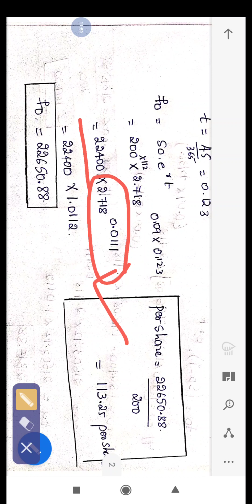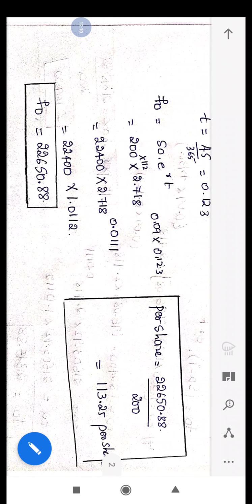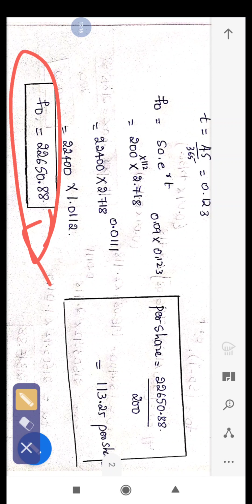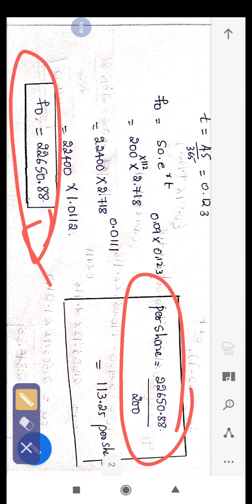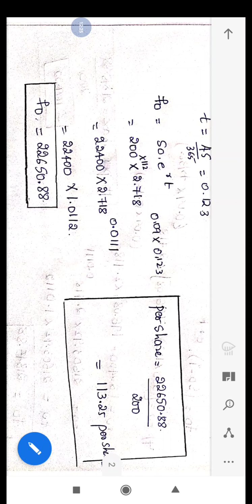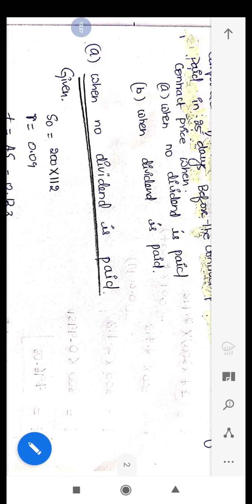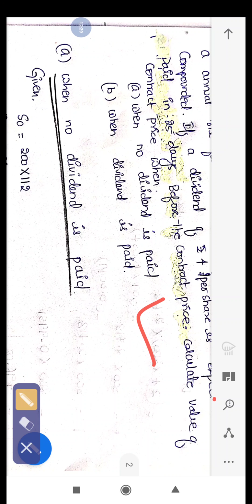If you get any doubt while calculating this one, you can ask me again, I'll explain, no problem. The final value of the contract is 22,650.88. For calculating the per share value, just simply divide by number of shares. So 113.25 per share value. This is for the situation when dividend is not paid, when we ignore this part.